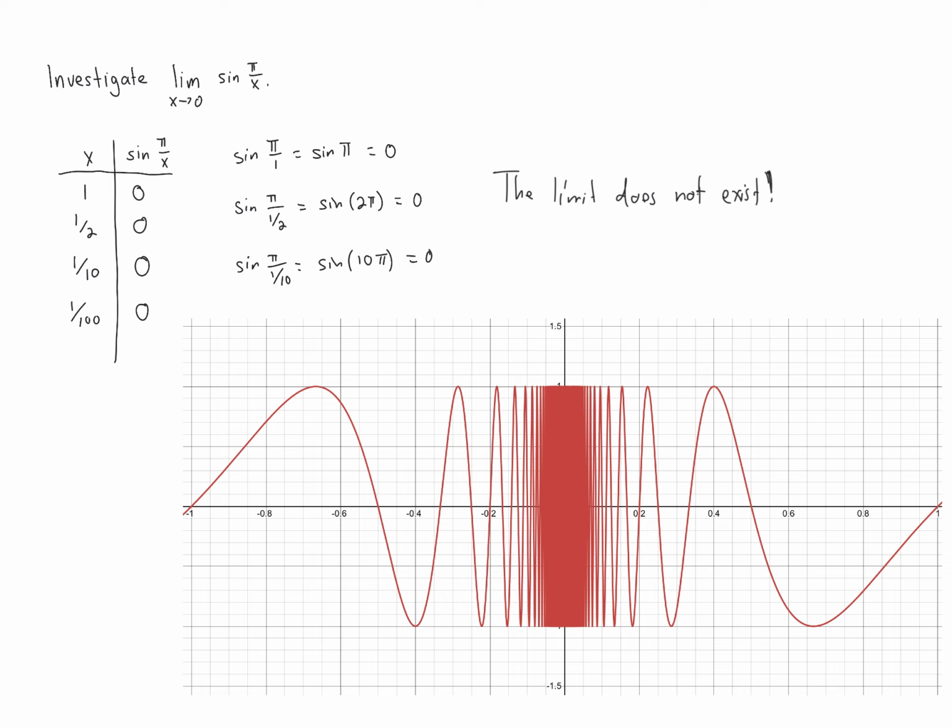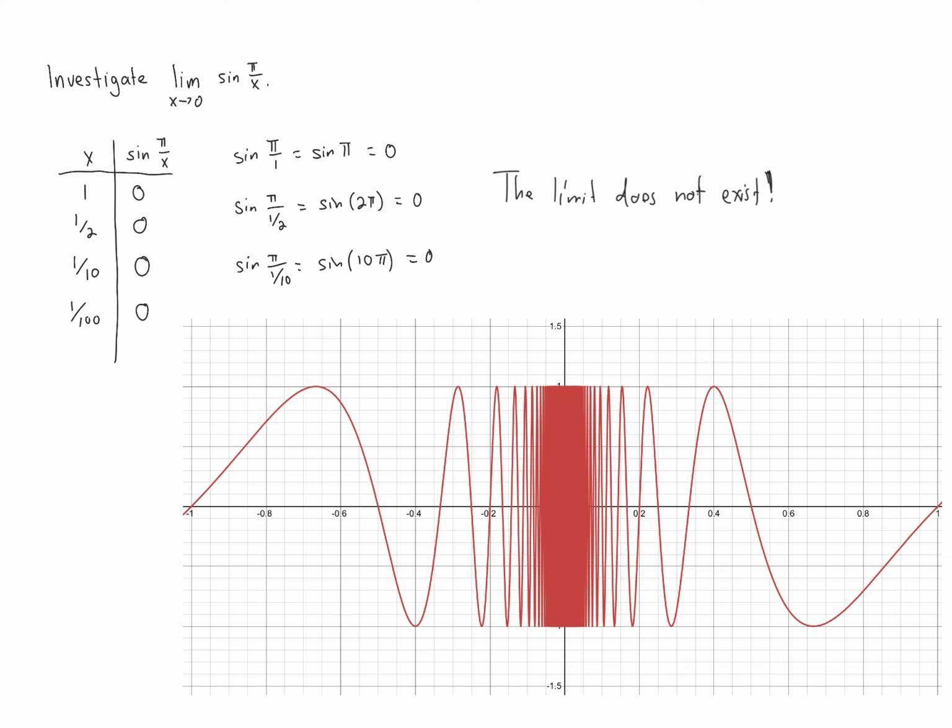And 2, it is possible to pick a few values for x, see a pattern, and think that that means that a limit exists when you just happened to pick values that made it seem like something was happening when that's not the whole picture. So this is why we make tables of values with lots of numbers. Sometimes we try and pick numbers that aren't particularly nice in our tables of values, just to make sure we don't have this sort of a situation going on where we happen to be picking the ones where there are zeros.